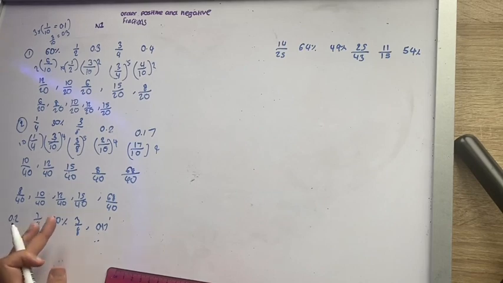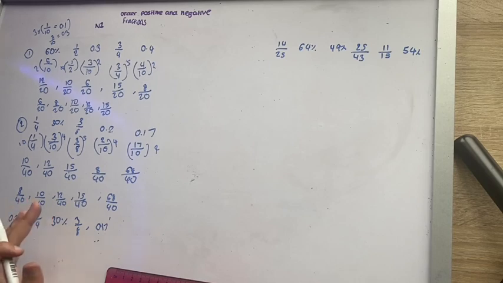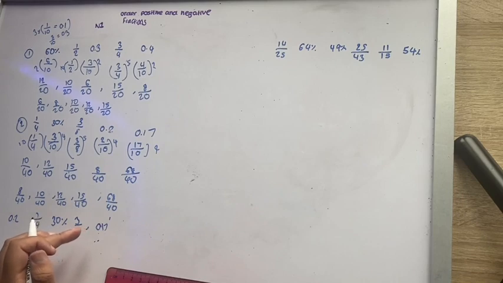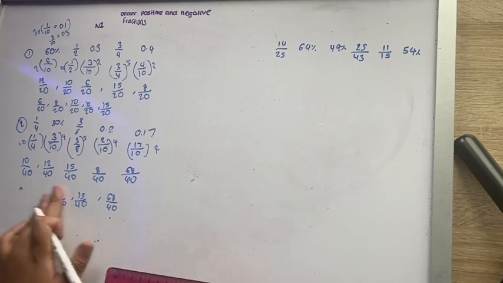I've done something wrong there, fortunately. Sorry, 15 over 40, same as 3 over 8, and then... Okay, hold on, I've clearly messed up somewhere. Let's figure out where I've done that wrong.